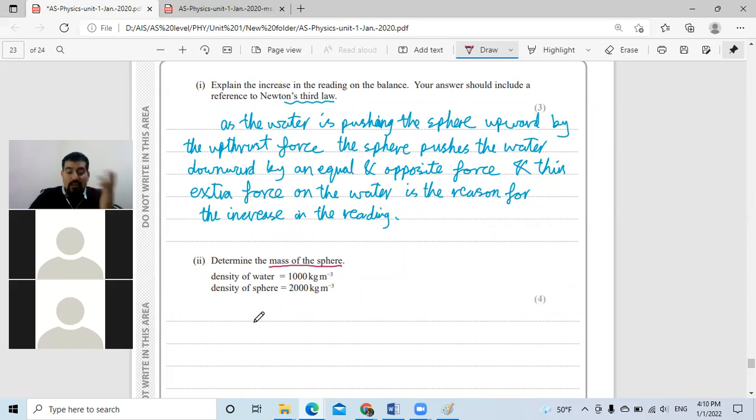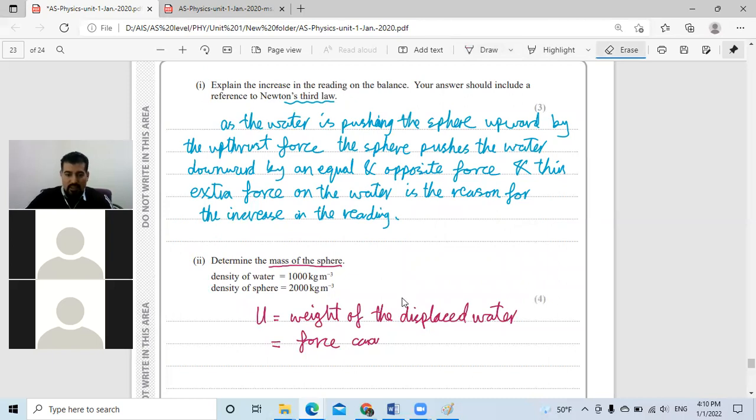Yes. Bravo. The upthrust is equal to the weight of the displaced water. I mean by this it is equal to the force caused by the increase of the reading, صح?